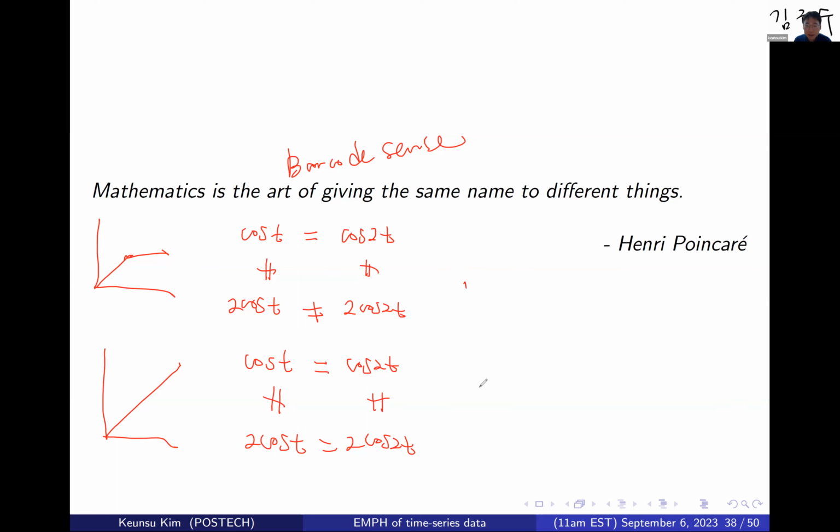And if we choose another ray like this, then cosine t is different from cosine 2t, and different from 2 cosine t, and different from 2 cosine 2t. So selecting a ray in multi-parameter filtration gives us a variable topological point of view.